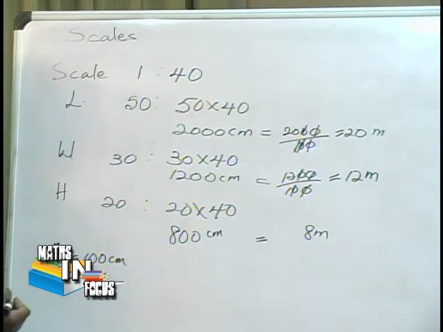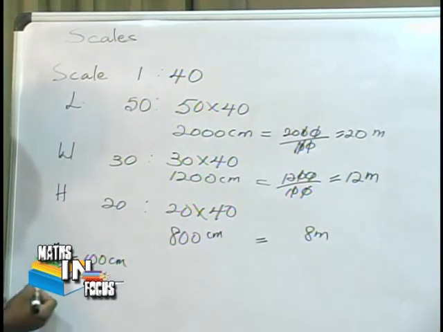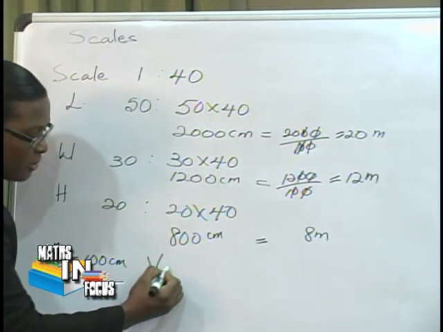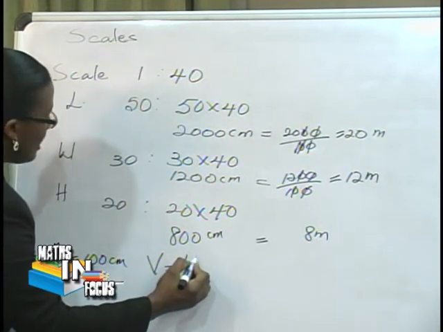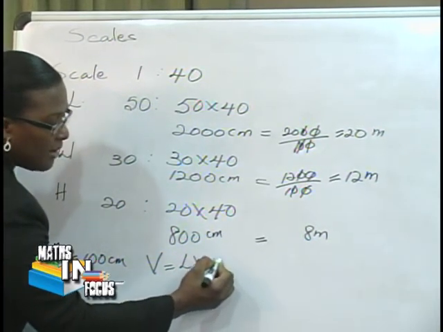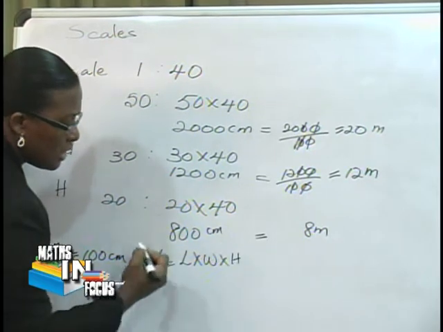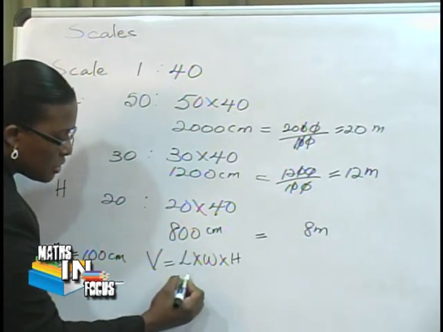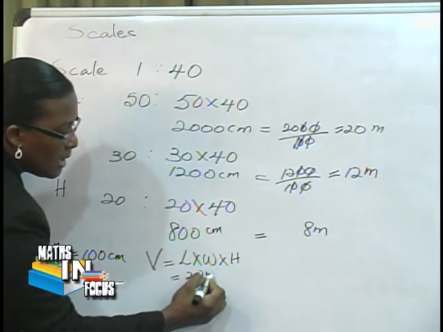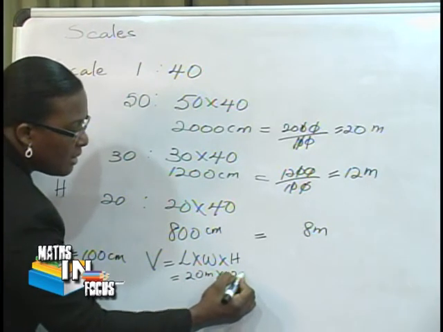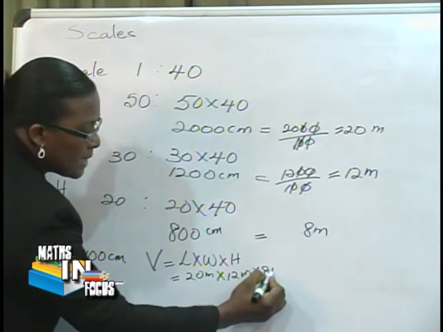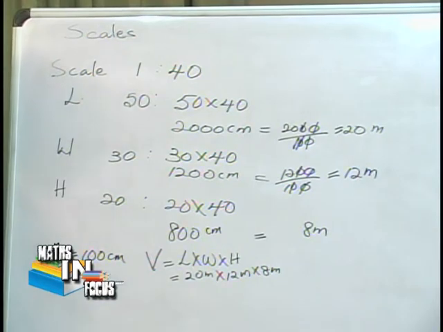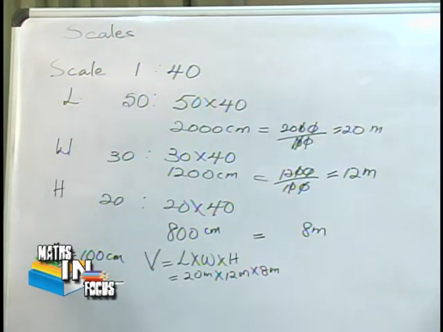Now we know that the volume of the barn, volume V, would be the length by the width by the height. So let us substitute 20 by 12 by 8. And when we multiply and find the product of 20, 12, and 8, what do we get?